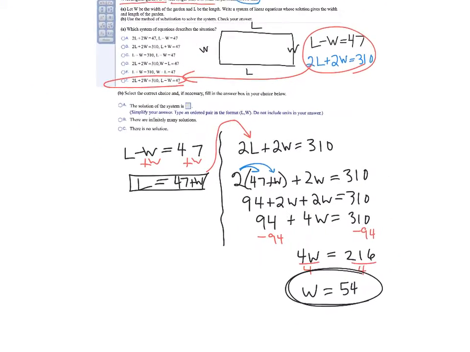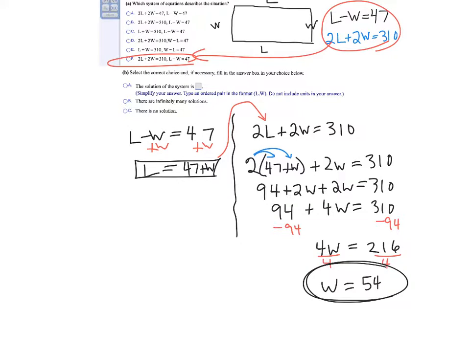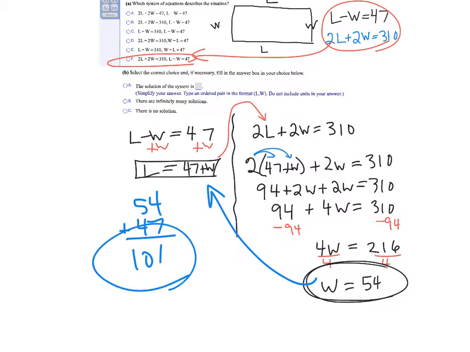Now remember, we were told right here that the length is 47 feet more than the width. So if I do 54 plus 47, that's going to give me 101. So the length is 101 and the width is 54.